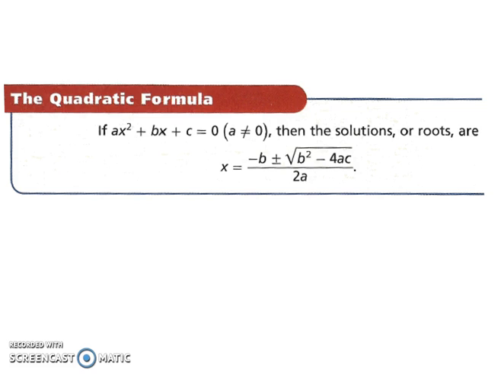So once again, the quadratic formula is when x equals the opposite of b plus or minus square root of b squared minus 4ac, all divided by 2a. And it was the equation in standard form where you simply solved for x.